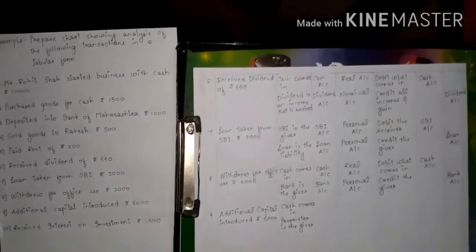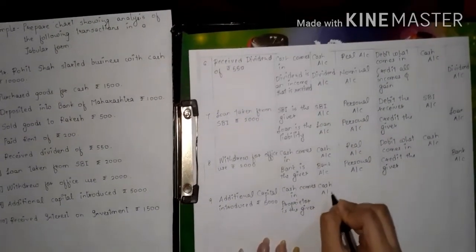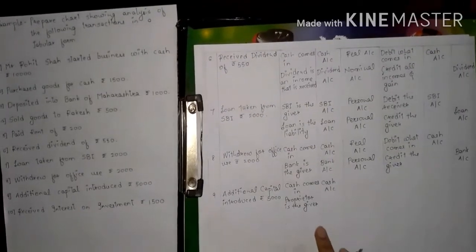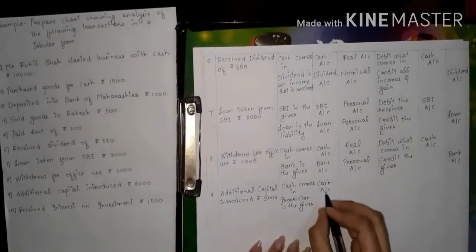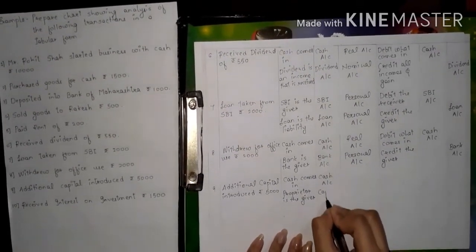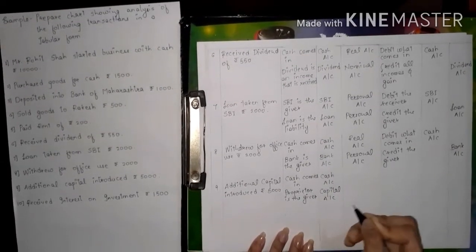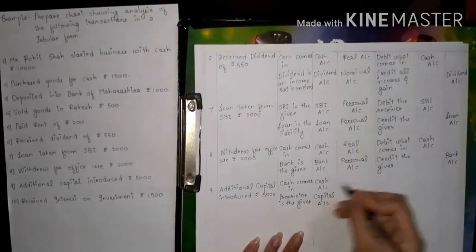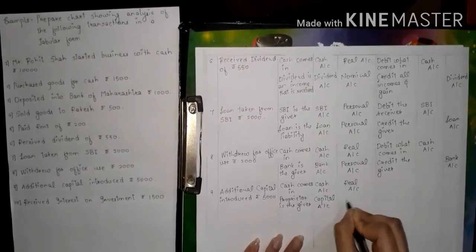Now two accounts. As cash came into the business, the first account is cash account. Proprietor has given additional capital, that is additional cash is being introduced in the form of capital, so capital account. Classification: cash account is a real account and capital account is a personal account.